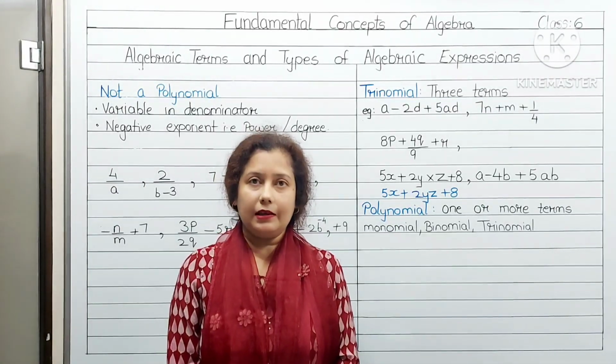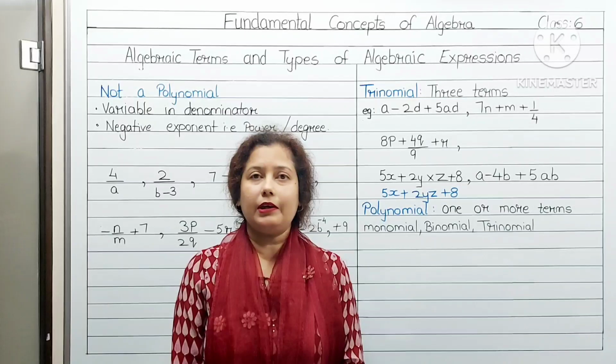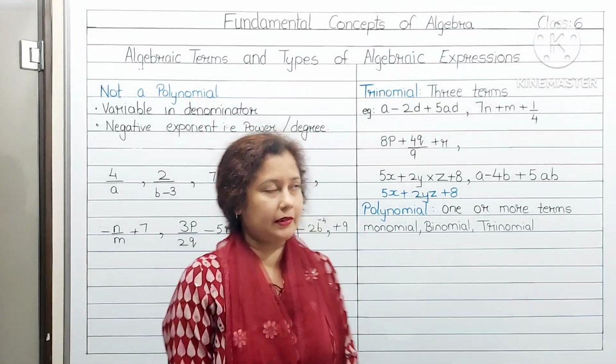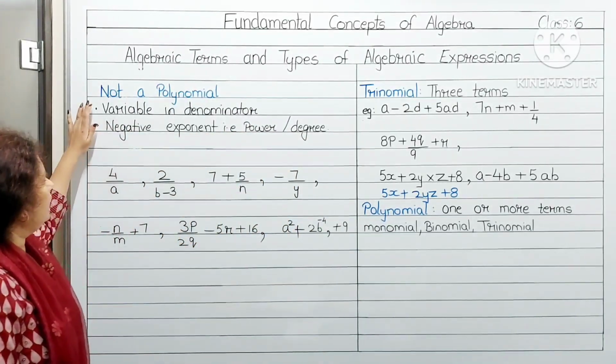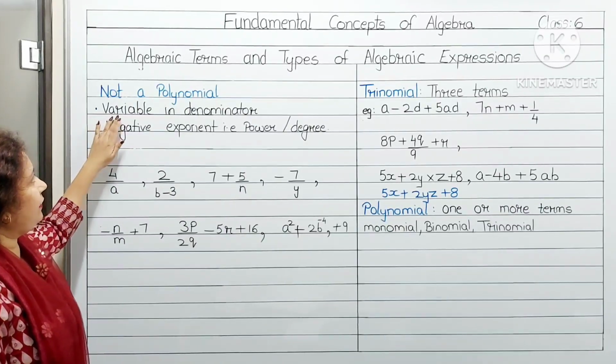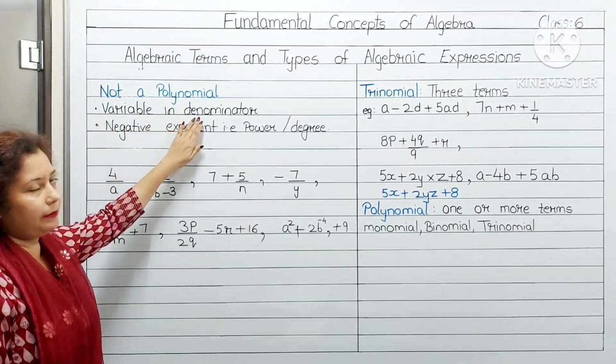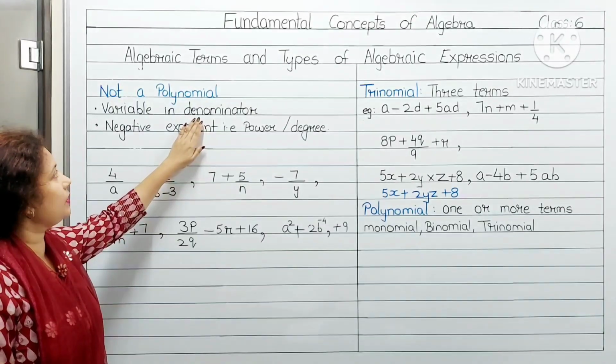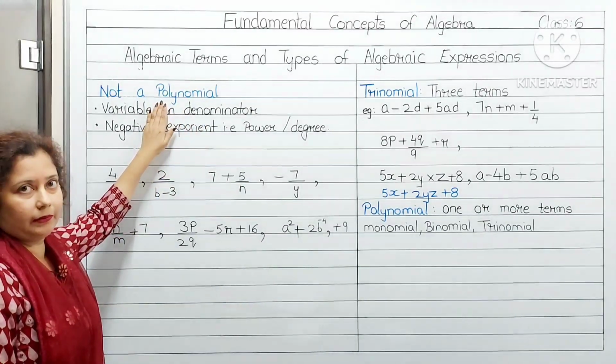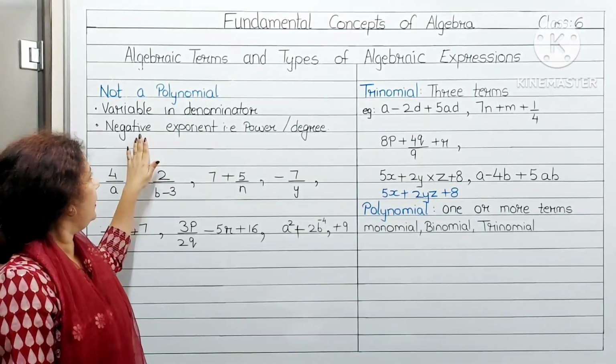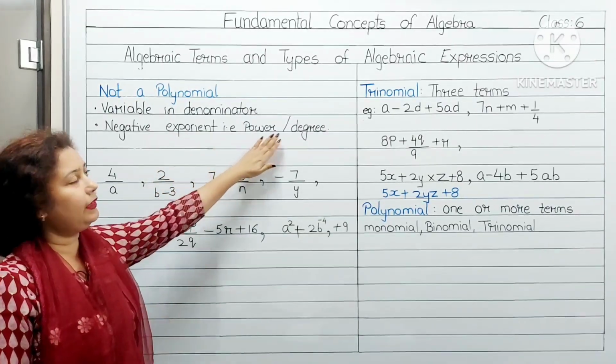There are various conditions, but we will study only 2 conditions in grade 6. First condition is when a variable is present in the denominator, then that term is not considered a polynomial. Second is a negative exponent, that is power or degree.